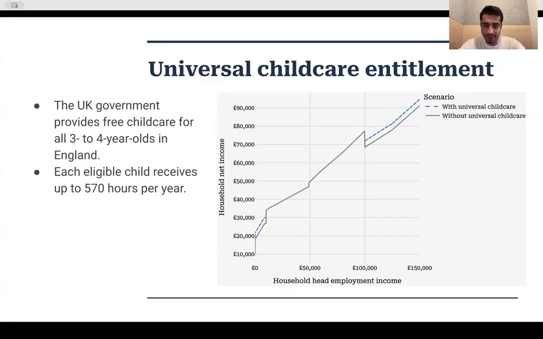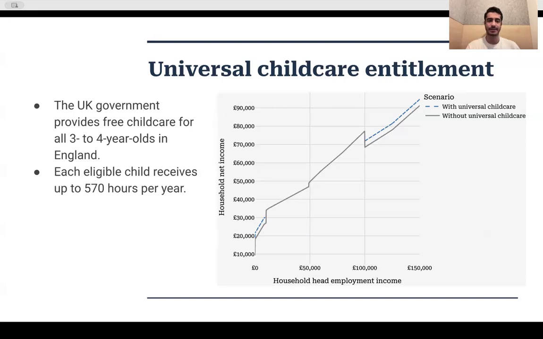And this is why we don't have any dashed line in the middle income range. So there is no cap, and there is no threshold. I mean, the 100K threshold that applied for the TFC is not applied and relevant here anymore.